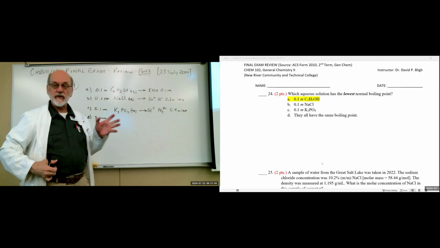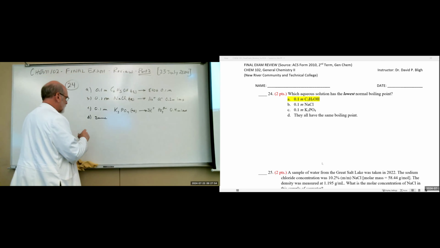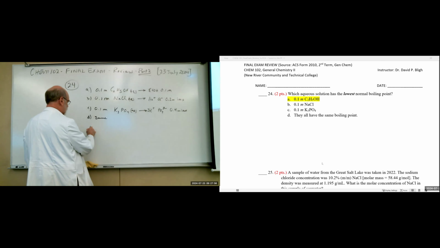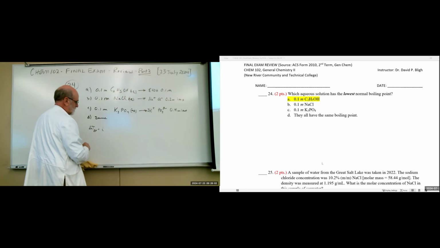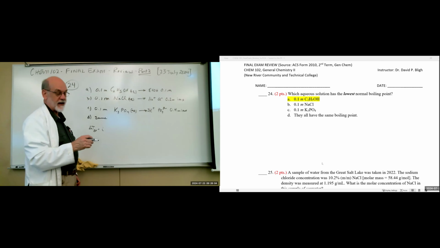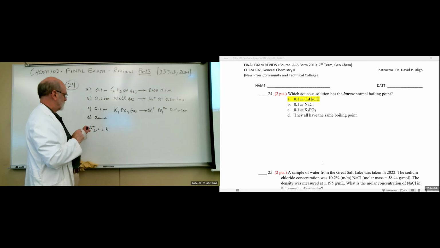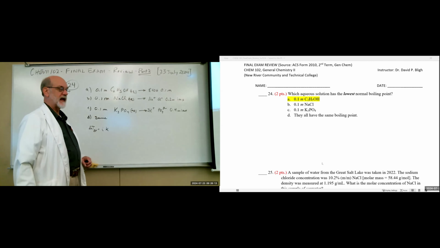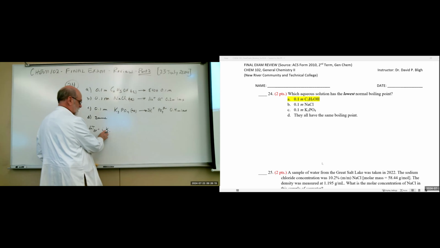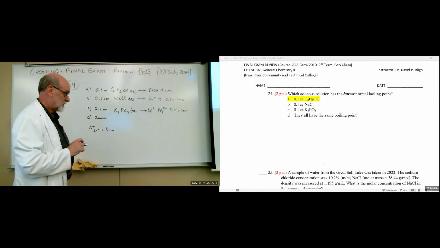Now, how do we answer the question? The lowest normal boiling point. Remember the expression, a change in temperature for boiling point is equal to the van't Hoff correction factor, the boiling point elevation constant times the molality, right?